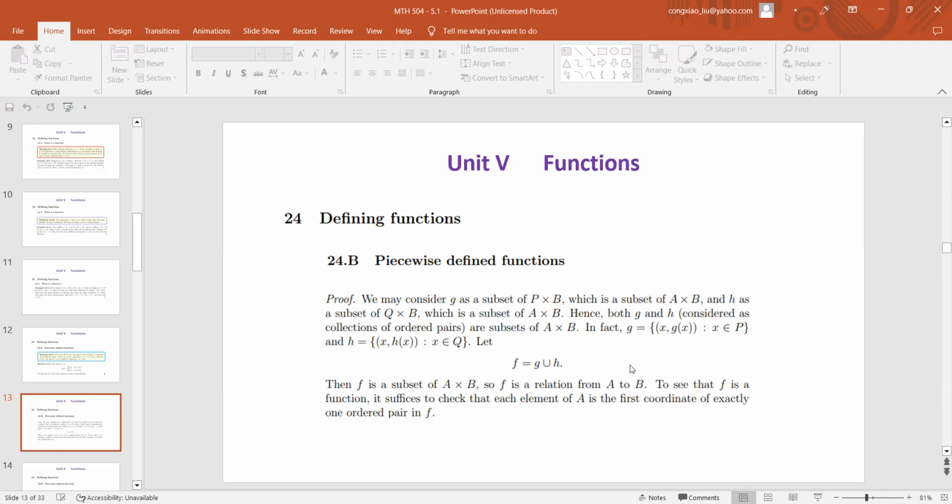But a function is a special relation where each element in the first place of the ordered pair is paired with a unique, only one, element from B. So to see that F is a function, it suffices to check that each element of A is the first coordinate of exactly one ordered pair in F. F should include pairs for all the elements from A, but each element of A can only be paired with a unique element in B. We need to show that, but it's easy.